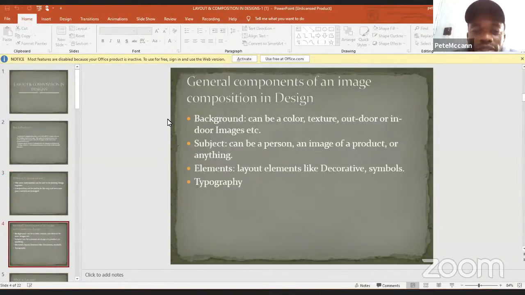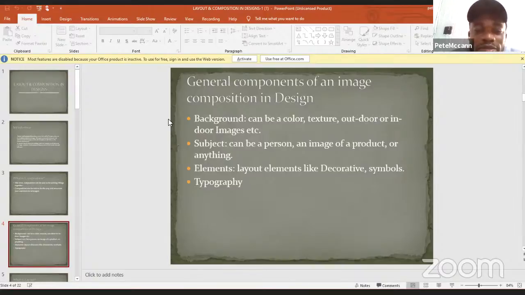General components of an image, composition and designs. Basically in designs and in everything we do, before we lay them together, we talk about the background, the subject, the elements, and the text, that's typography.